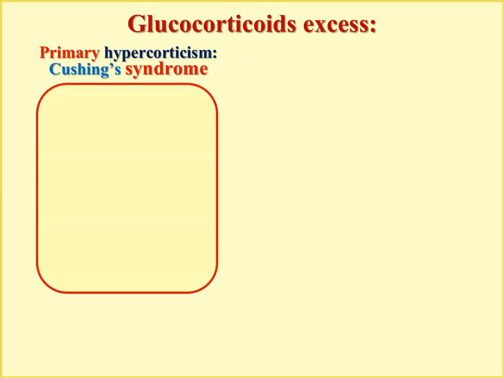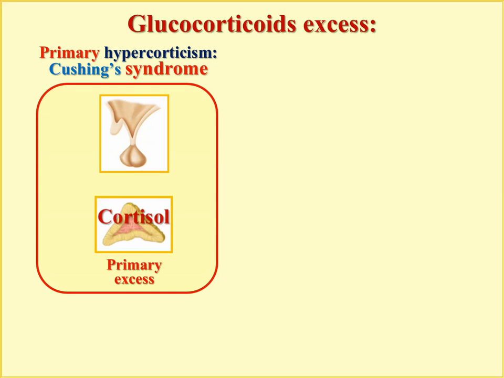In both cases there is excess of cortisol, but primary excess is because of a problem with the adrenal gland. Usually this is the oversecretion of cortisol due to a tumor of the adrenal cortex itself. So excess of cortisol produces all its effects, and simultaneously, by negative feedback, we have great inhibition of these hormones.